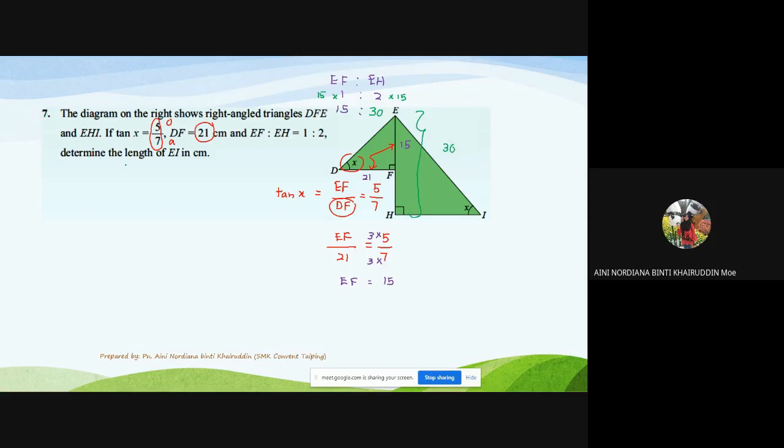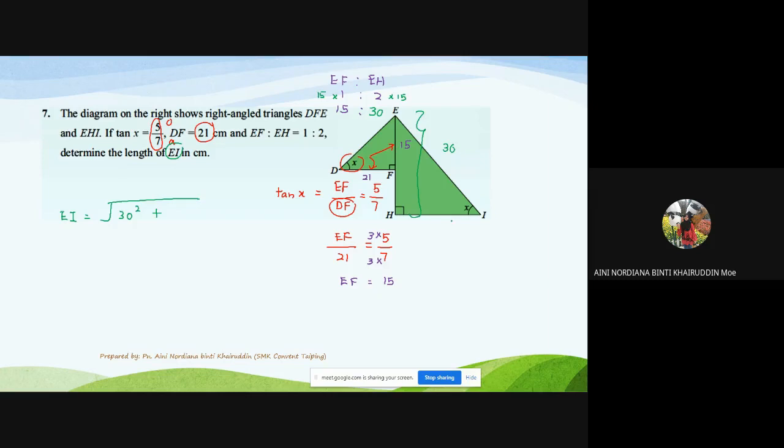The question asks you to determine the length of EI. EI is here. So you can use Pythagoras Theorem. EI is the hypotenuse. So EH is 30 just now, 30 squared plus HI.